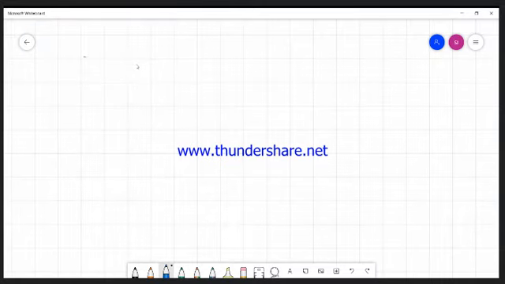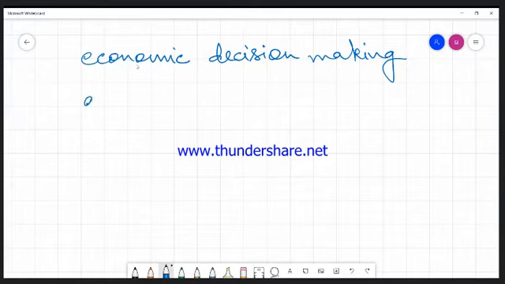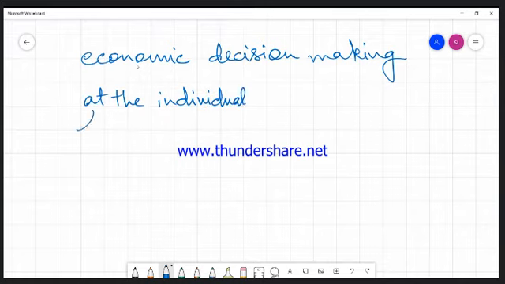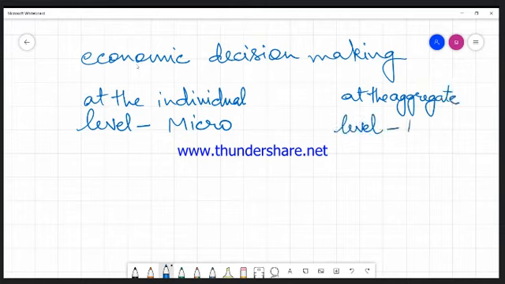So economic decision making at the individual level is micro. At the aggregate level, it is macro.